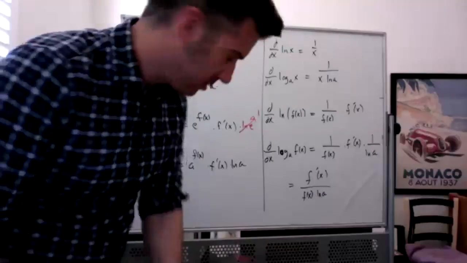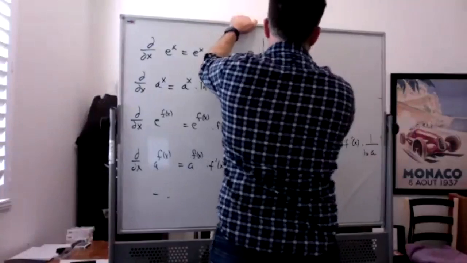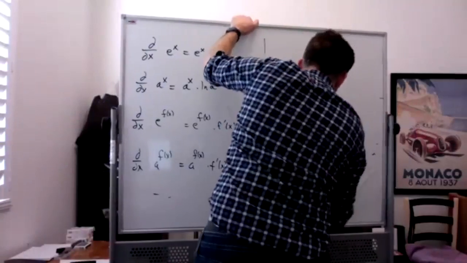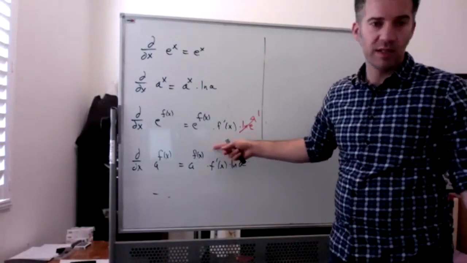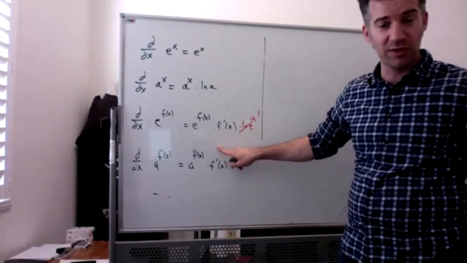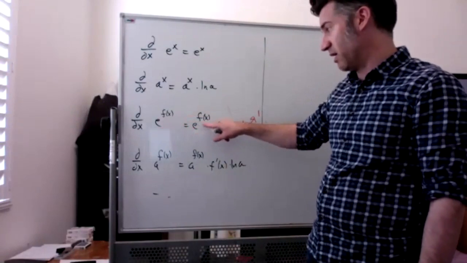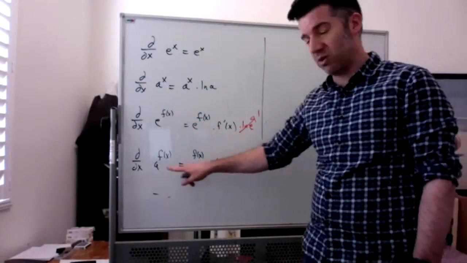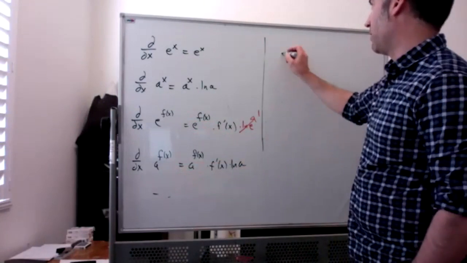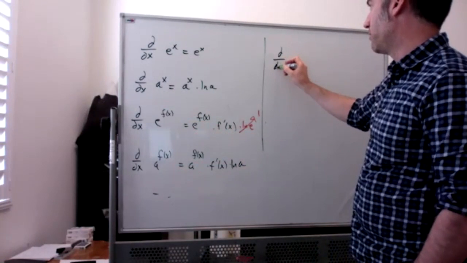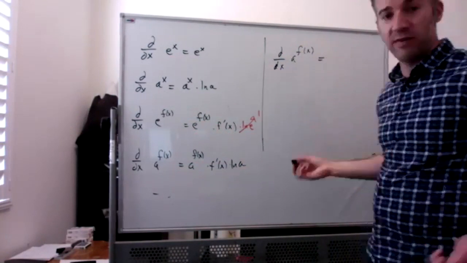So if you're cool with the chain rule version of the exponential derivative, which is that the derivative of e to the stuff is e to the stuff times the derivative of the stuff, you can actually rewrite this using that. Meaning, I want to find the derivative of a to the f of x. I'm going to write this very generally.